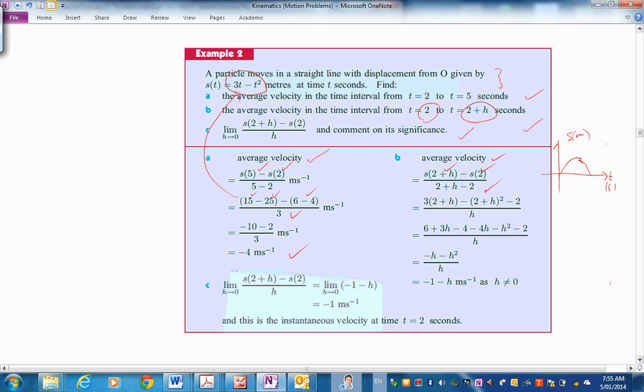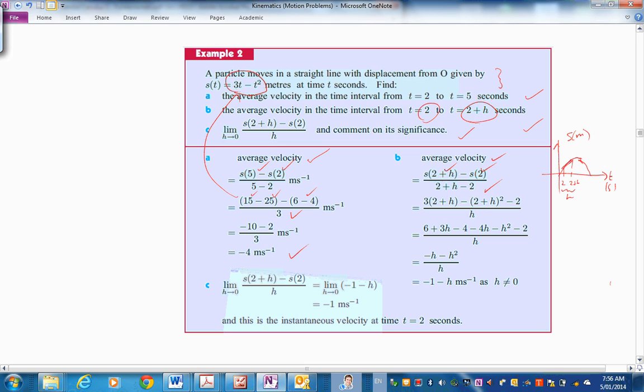So what we're doing is taking a point at 2 and then 2 plus h and doing our chord, aren't we? So there's a difference there of h. So it's doing that starting with an actual point, 2 plus h, s of 2.